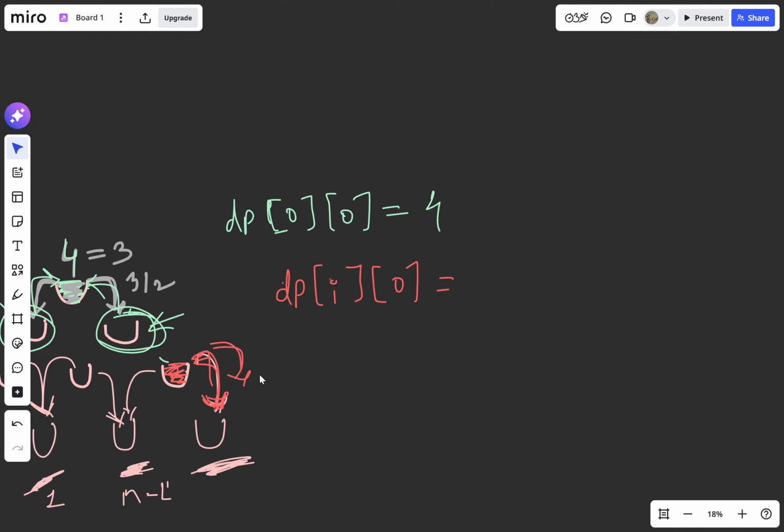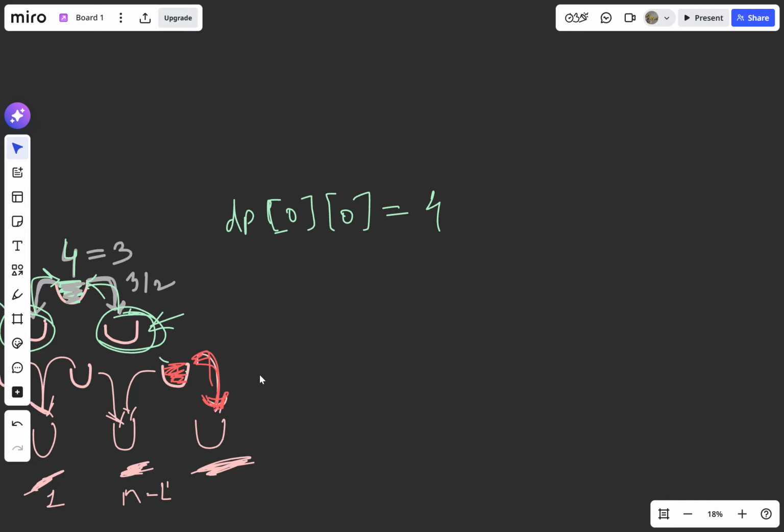Only if it overflows will we apply these conditions. So for every overflow we have to check first that dp of i minus 1, j, means the source, is greater than or equal to 1 or not.